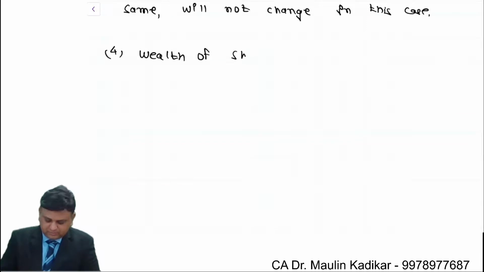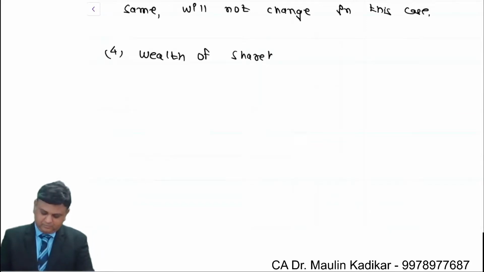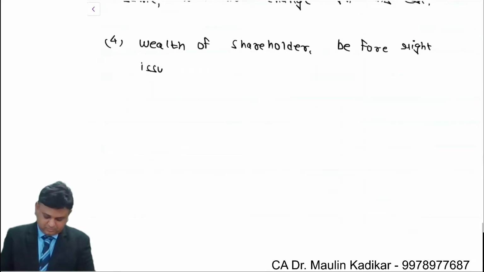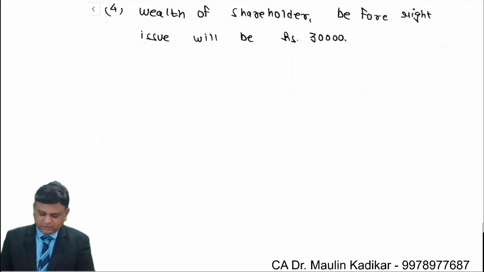Wealth of shareholder, comma, before a right issue will be rupees 30,000. Full stop.